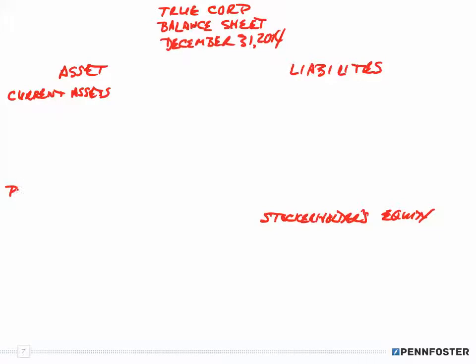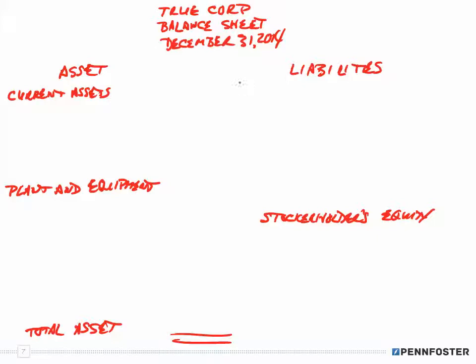Accountants call it property, plant, and equipment. And that's going to represent our long-term assets. And of course, when we add those up, we're going to have total assets, which would be our current plus our property, plant, and equipment. So we're going to have a double underline down here.